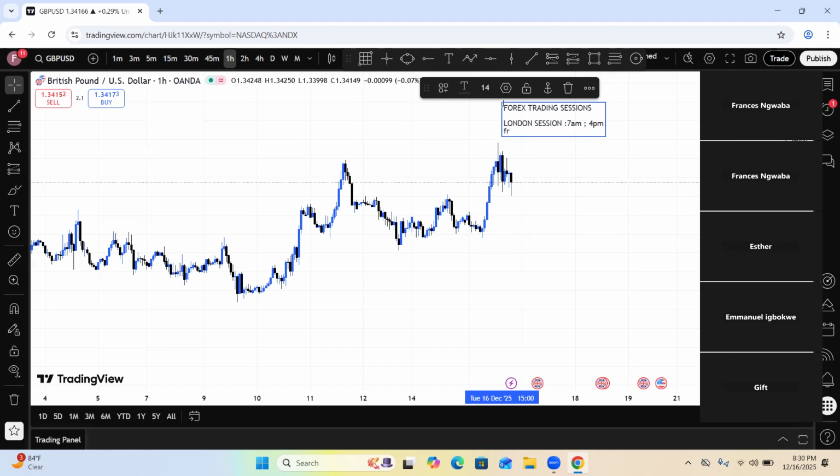Then we have the Frankfurt session. The Frankfurt market opens around 8 a.m. and closes by 5 p.m. These trading sessions are just when the market opens in different countries.